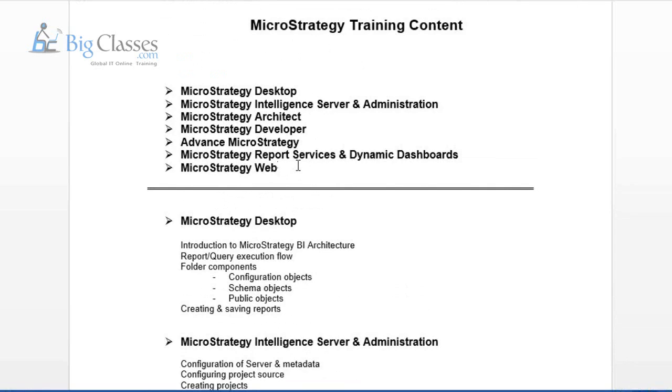The architect plays a major role here, designing all the schema objects and the relationship parts, and a MicroStrategy developer creates all the application objects, dashboards, and reports. So why do they migrate from BO to MicroStrategy?